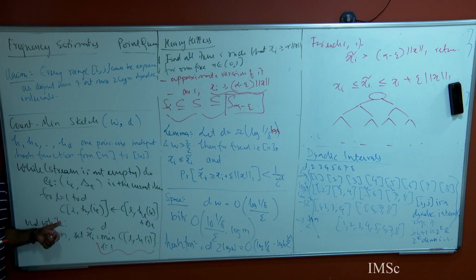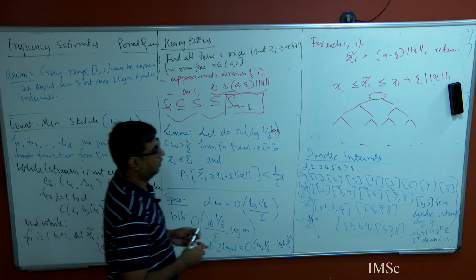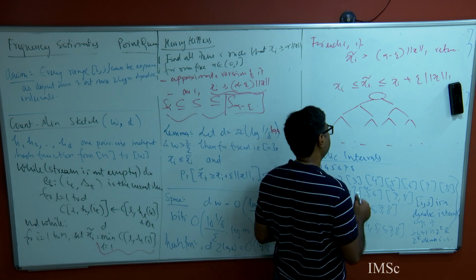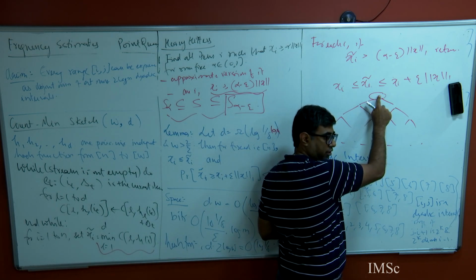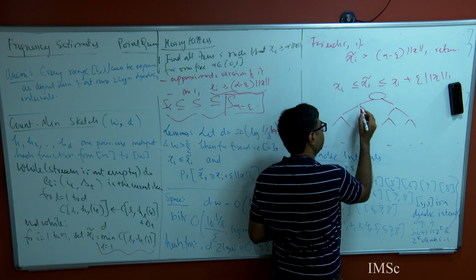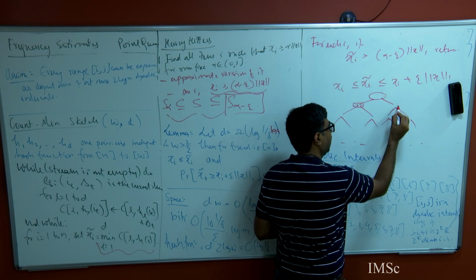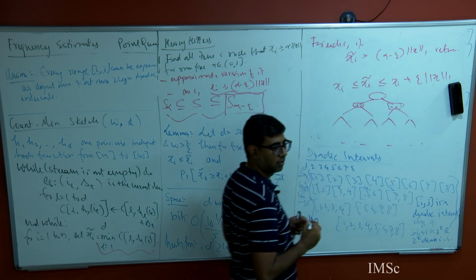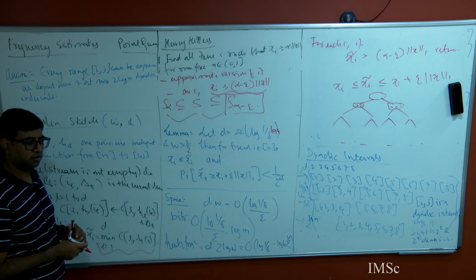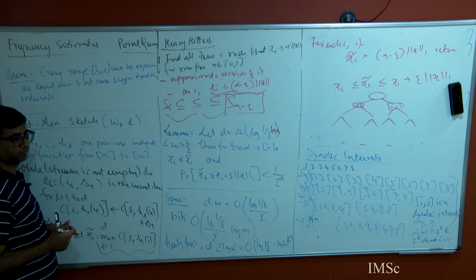Look, total sum is m, right? Total sum is m. And I want to output all these numbers more than m by k. So is it possible that if I sum the frequency of all these guys here and sum the frequency of all these guys here, both will be less than m by k? Is it possible?